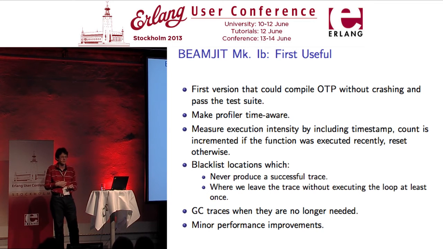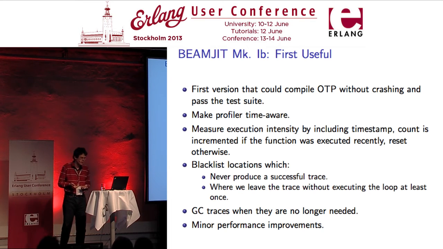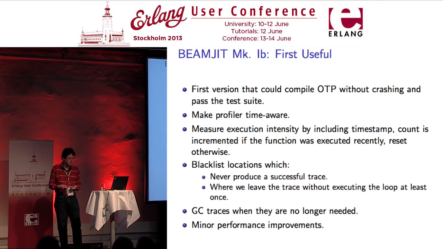So instead of just measuring execution count, I start measuring execution frequency. And also, I introduced blacklisting. So places or locations in the code where I almost all the time started tracing or produced code that almost failed, I blacklisted those to not just repeatedly spend time trying to trace something that didn't pay off.